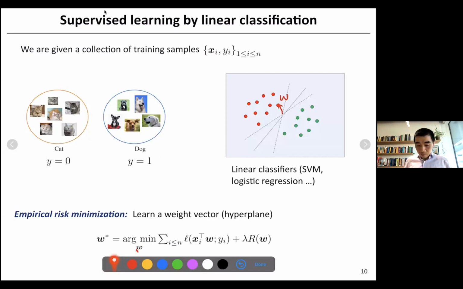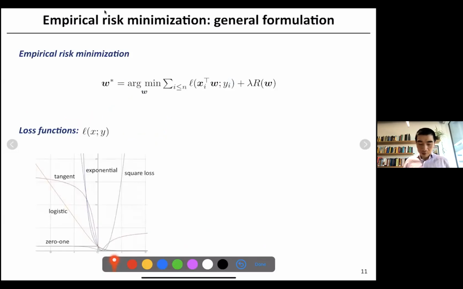And then in this optimization problem, we have two parts. The first part is the so-called loss function that measures how well this particular hyperplane indexed by W is predicting our labels. And then we can also potentially add a regularizer. So here I just give a few examples of the loss functions that are typically used in machine learning.